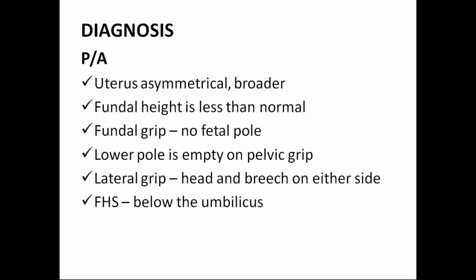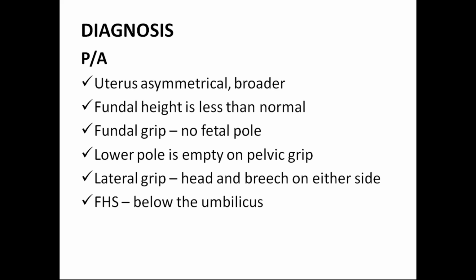On fundal grip, you don't find any fetal pole. On both the fundal grip and the pelvic grip, you find that there is no fetal pole. The lower pole will be empty on the pelvic grip, so you should immediately think that there is no presenting part. When you try to move either the head or the breech in the lower pole of the uterus, you don't find any presenting part. Immediately it should strike your mind that this may be a transverse lie.